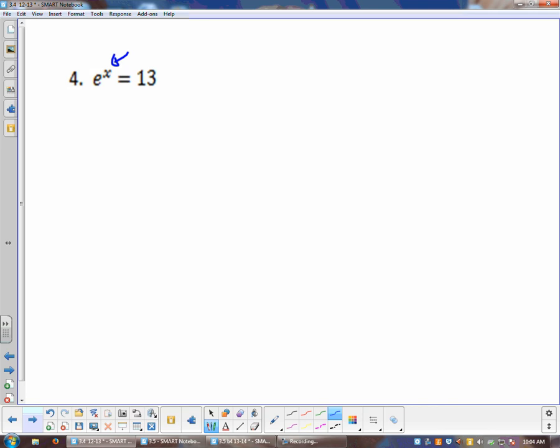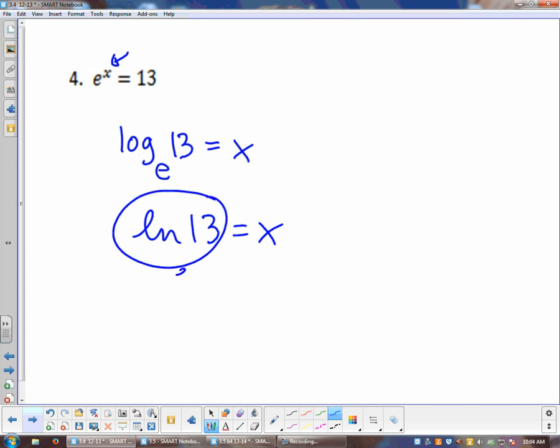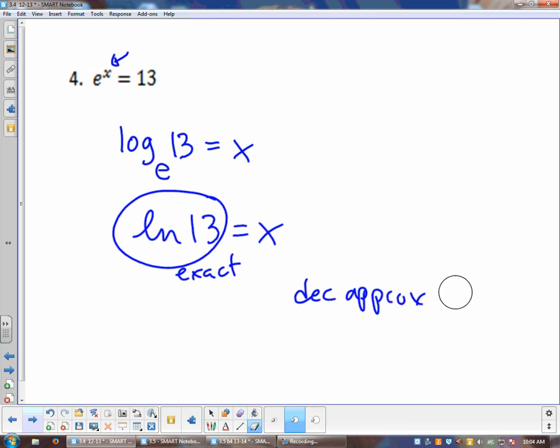That's going to be log to the base e. All right, log to the base e of 13 equals x, which is the same thing as saying ln of 13 equals x. Again, this is our exact answer, but if we want a decimal approximation answer, what would that be? 2.5. Decimal approximation, x is approximately 2.56.